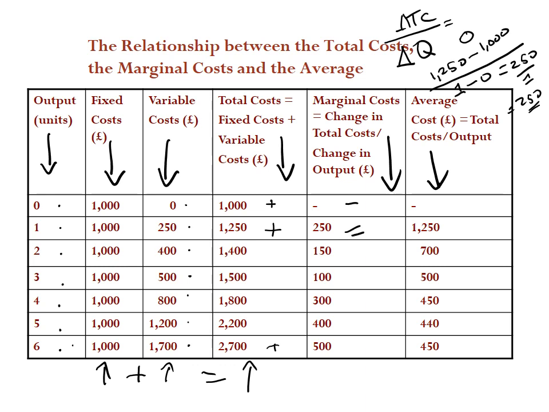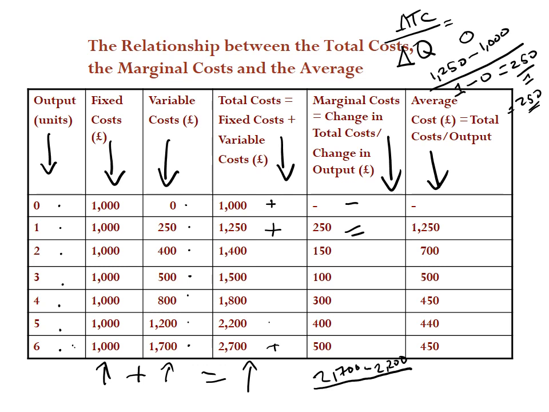Okay, let's see what happens when we're making 6 units. When output is 6 units over here, what's our change in total cost? Our total cost when we were making 5 units was 2,200. Our new one is 2,700. So it's going to be 2,700 minus 2,200, over, what's our change in quantity?